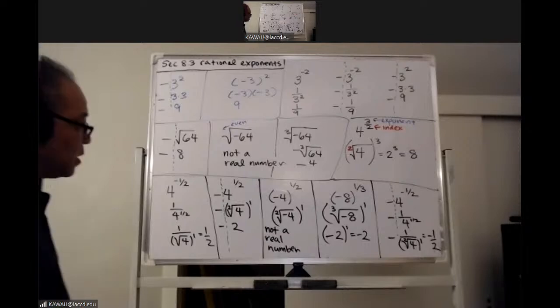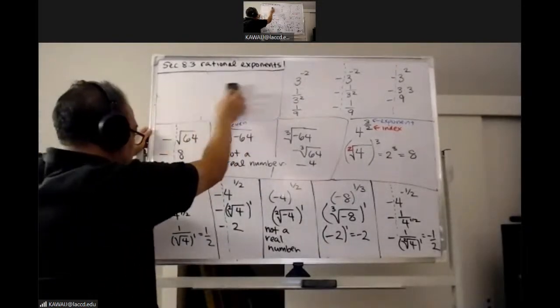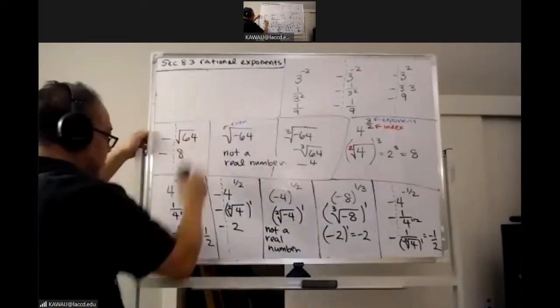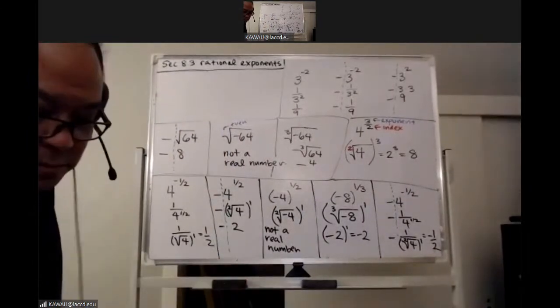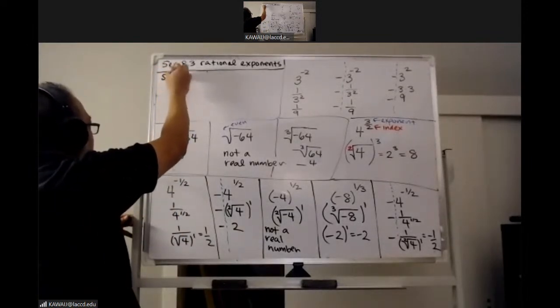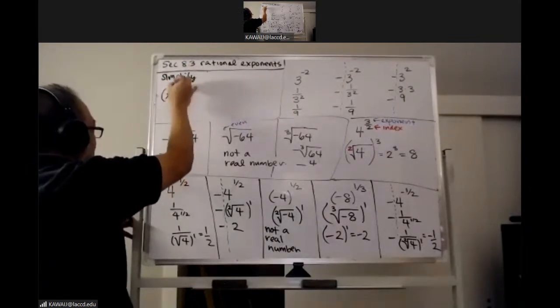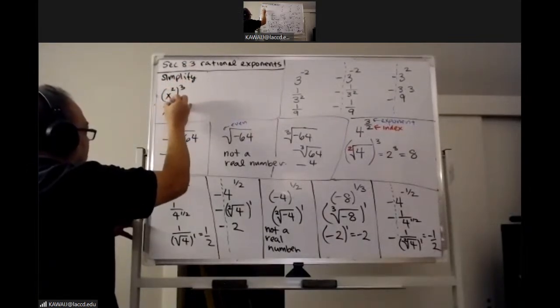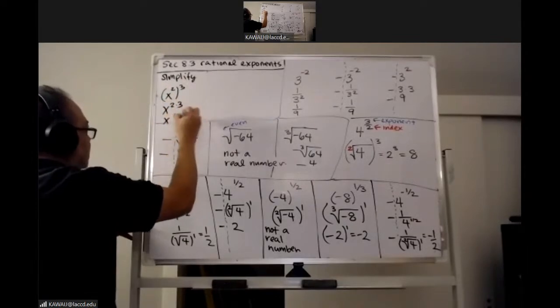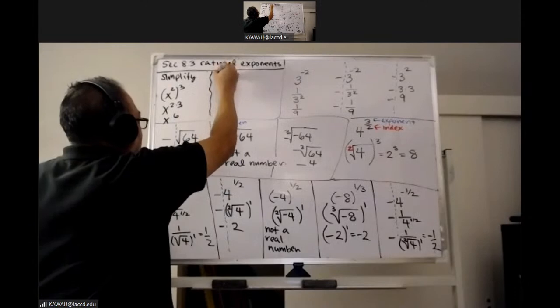Okay. And then the last little problem. If I have an exponent of an exponent, I get x^2 times 3 is equal to x^6. So in this section, they'll give you something that looks like this.